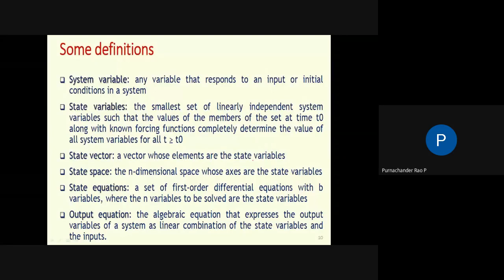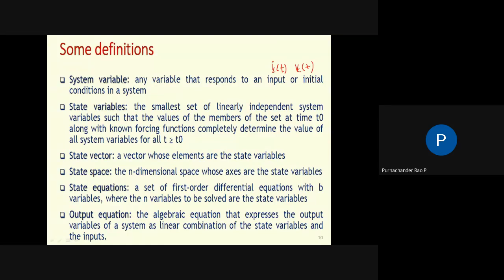So if you take an RLC circuit, iL of t, the current through the inductor, or the voltage across the capacitor vc of t, these are the two state variables which are representing the initial conditions in a system.